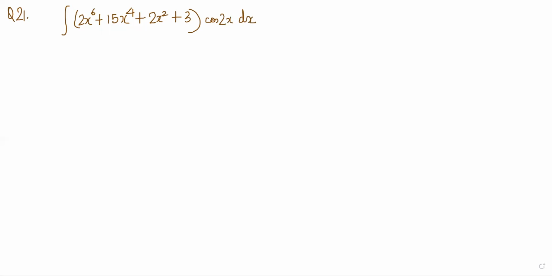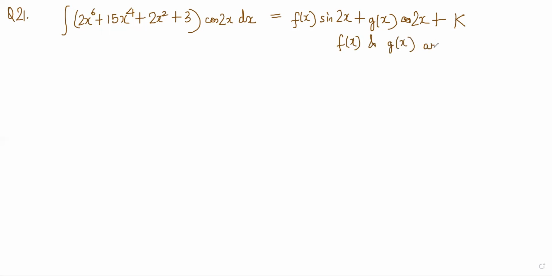This is equal to f of x sine 2x plus g of x cos 2x plus k, where k is a constant and fx and gx are polynomial functions.